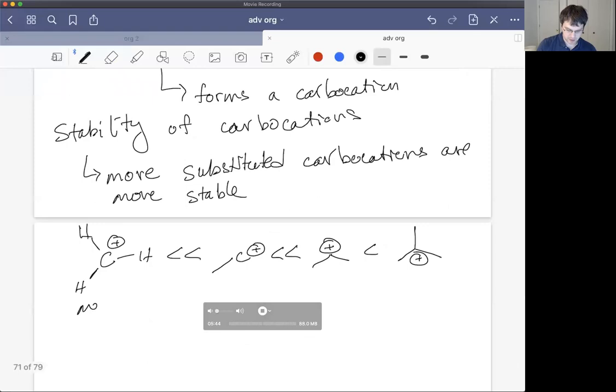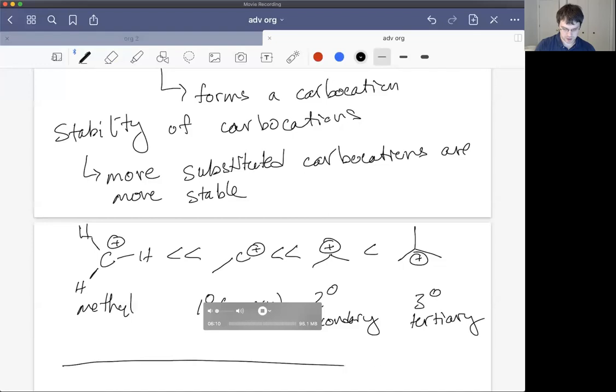So the first one is methyl. It has 0 substituents replacing hydrogens. The second one, the carbon with the positive charge, has 1 substituent replacing a hydrogen, so it's primary. Then 2 substituents gives us secondary, and 3 substituents gets us tertiary.